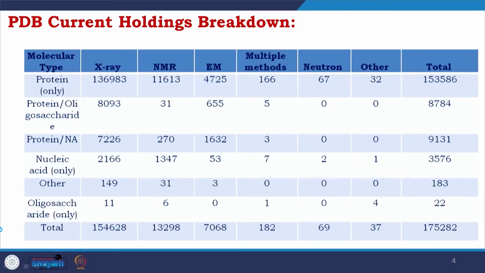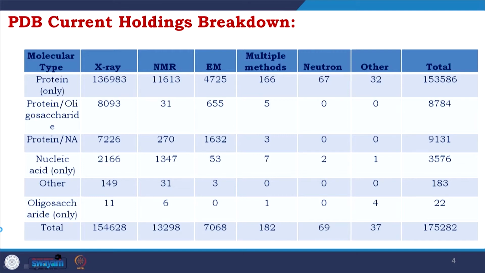If you look at the current holdings of the protein data bank, protein entries are 1,36,983 by solving through X-ray structure.